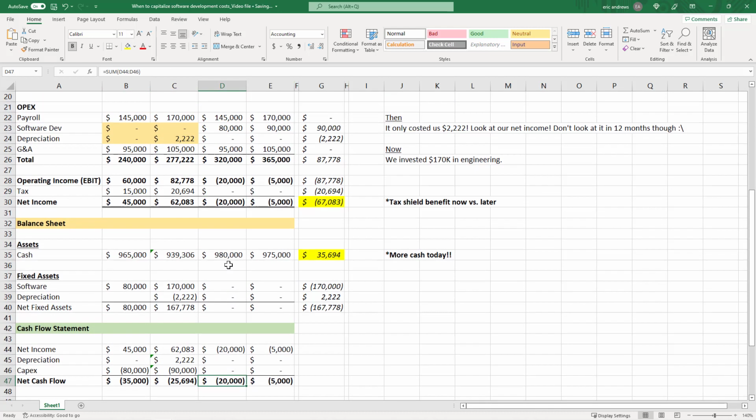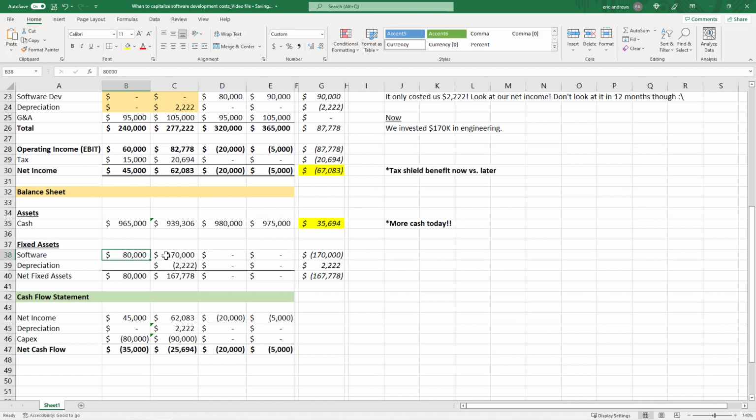And so if we look at month 2, here we show the software going up. And so obviously in the CapEx section of the cash flow statement, which would be in the cash flow from investing section, which is the investment in assets, you see all the cash going out of the business. But the issue is that because your net income is positive and you're paying all these taxes on your quote unquote positive operating income, again, you get hit with taxes on top of negative cash flow again.